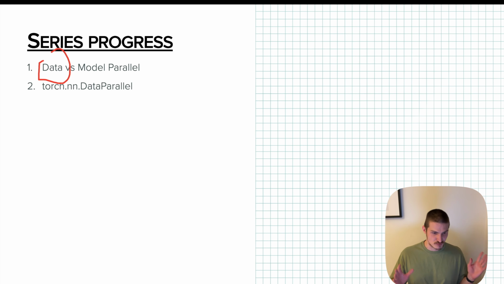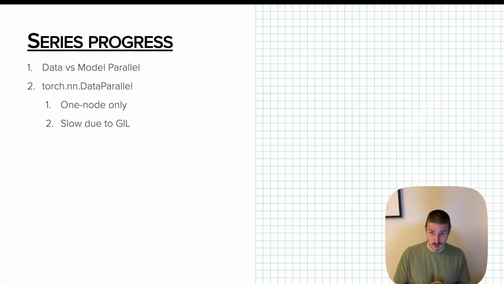We've discussed a wrapper that can do that, torch DataParallel, that does not require multiprocessing, that you just plug into your code and you can use it, but it will only work on one node, so a one node multi-GPU setup. And the second problem is that due to the global interpreter lock in Python, it will actually be quite slow in extreme cases.